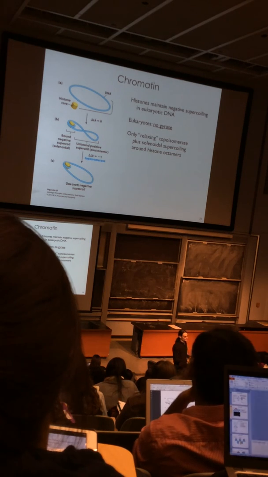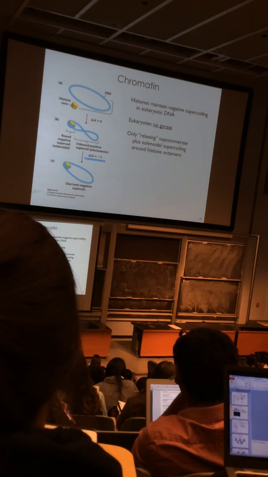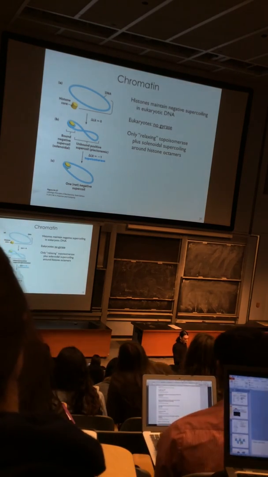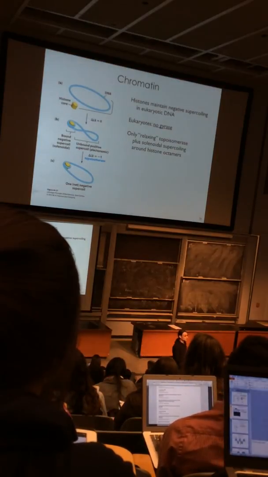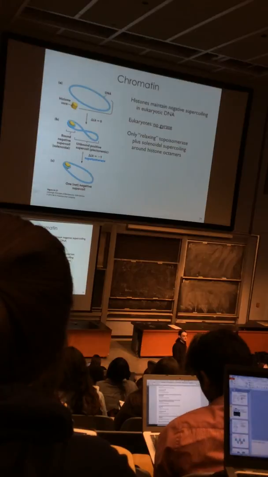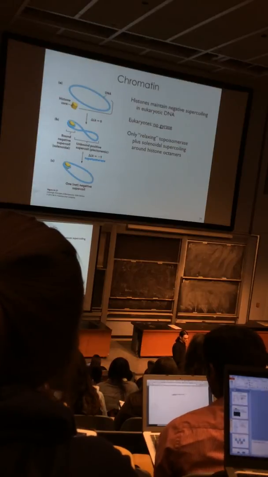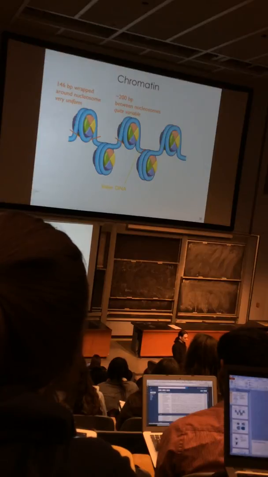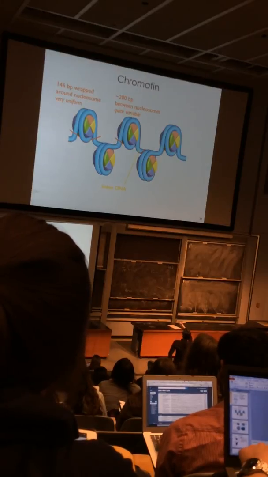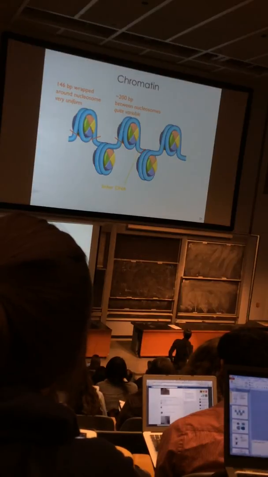And so histones are, I'd say, really fundamental to thinking about all the things that chromatin, the DNA, does in eukaryotes. First of all, just the effect of packaging the DNA, and also the negative supercoiling that they introduce. And so the nucleosome itself is about 146 base pairs of DNA wrapped around the nucleosome.